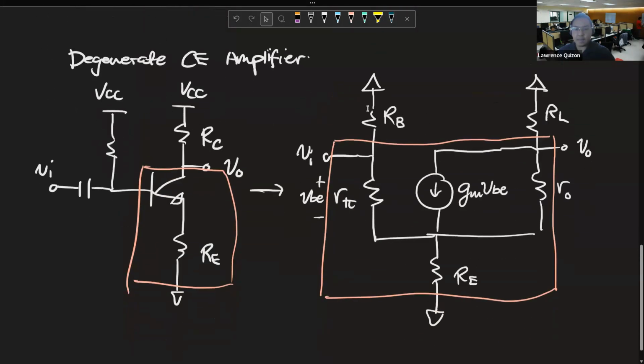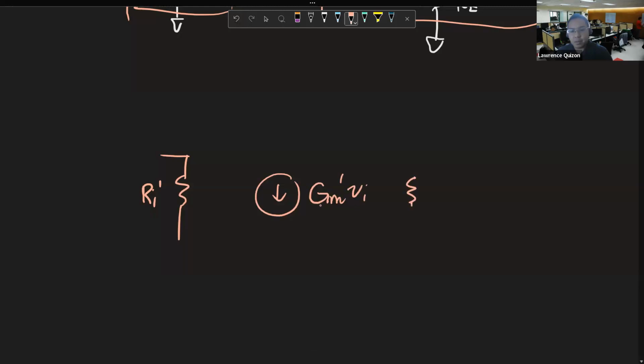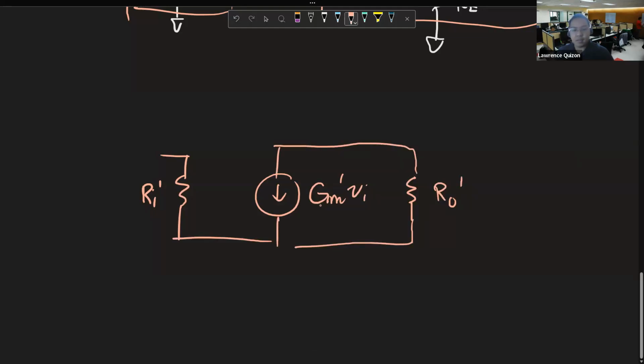If we do that, we'll have some sort of Rin prime, gm prime Vin, and then R out prime. Those are our answers for the red region, when we take its two-port equivalent.